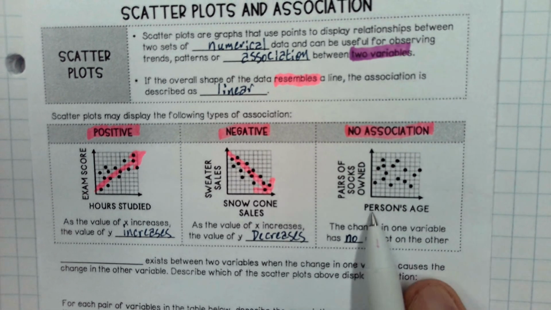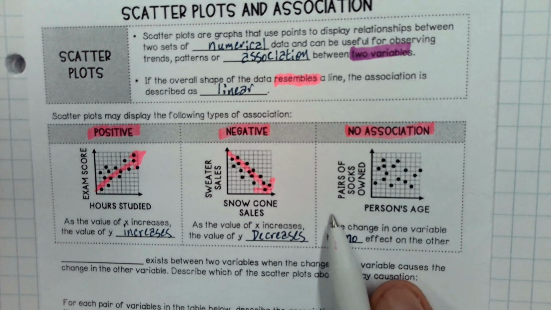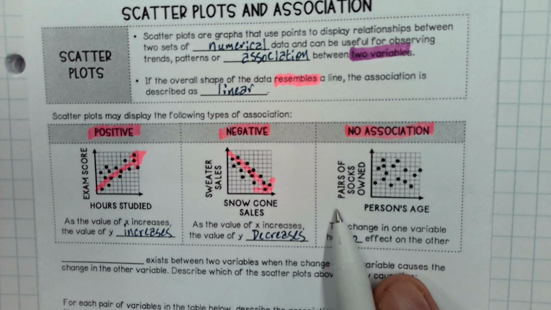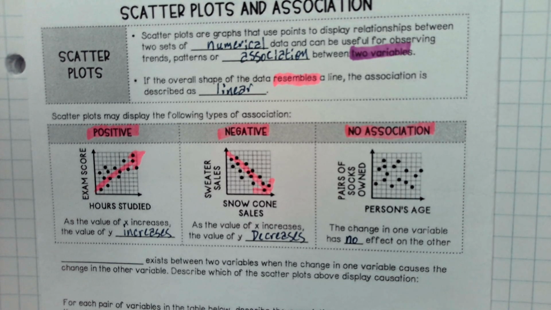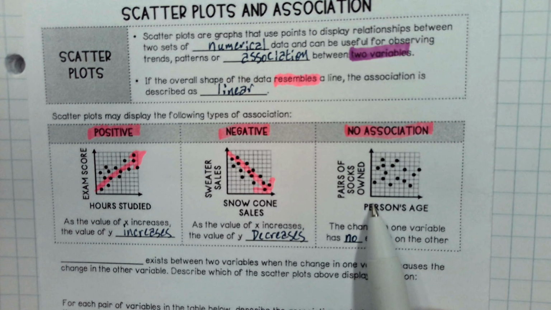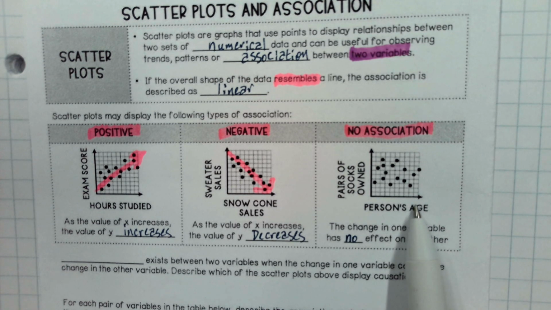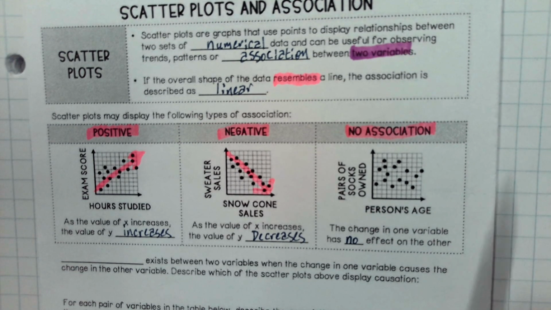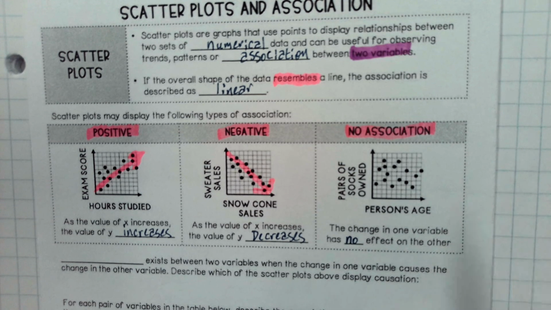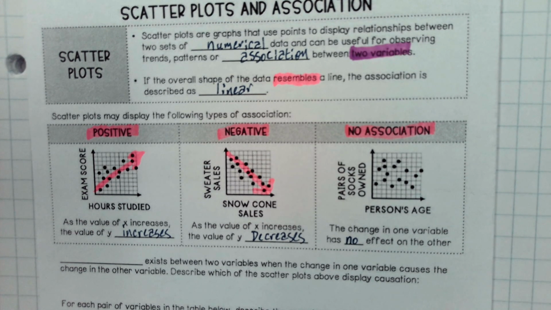So here's an example. A person's age and pairs of socks owned. As people get older, the number of pairs of socks really has no connection to your age, basically. So there's no association, no connection there.